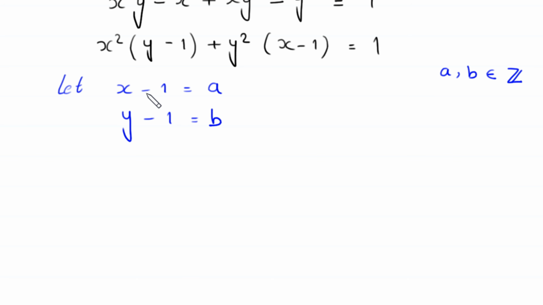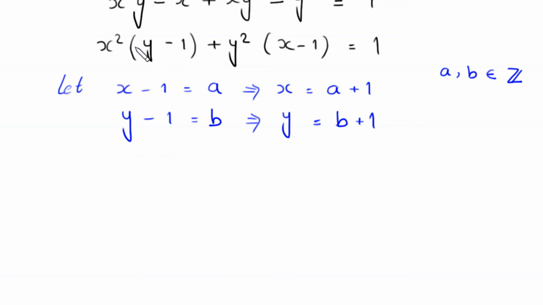Now if we move this negative 1 to the right hand side, this implies that x is equal to a plus 1, and if we move this negative 1 to the right hand side, this implies that y is equal to b plus 1.